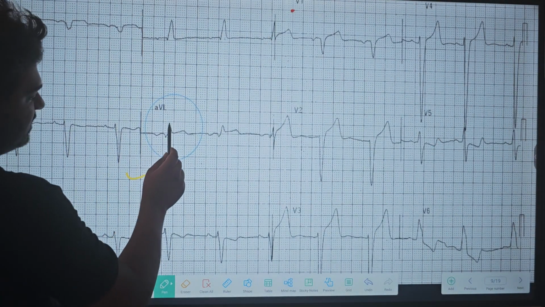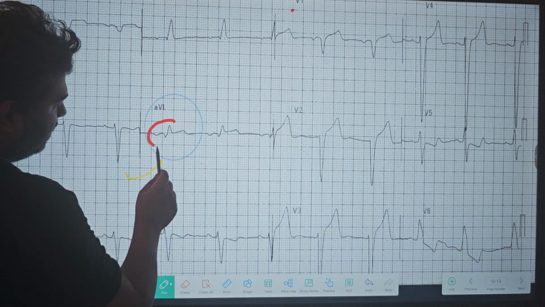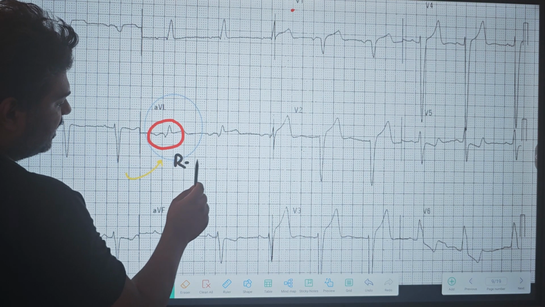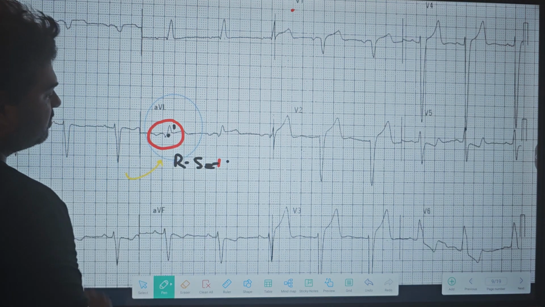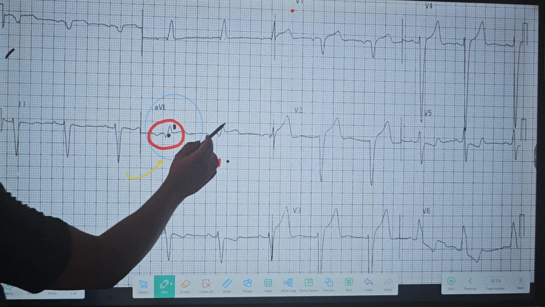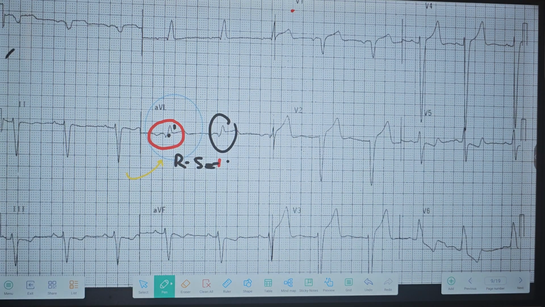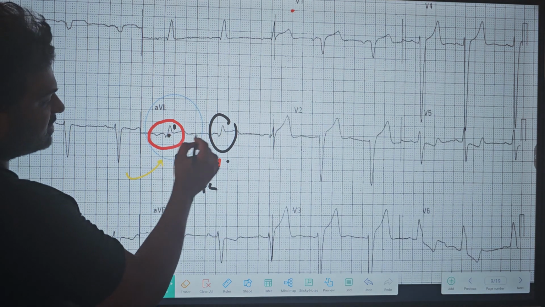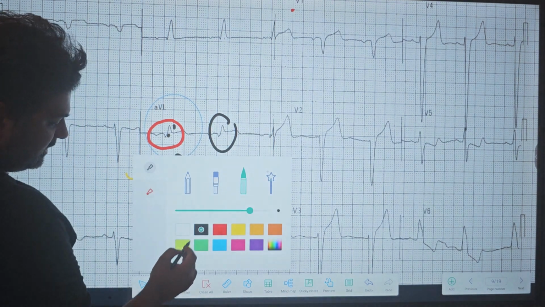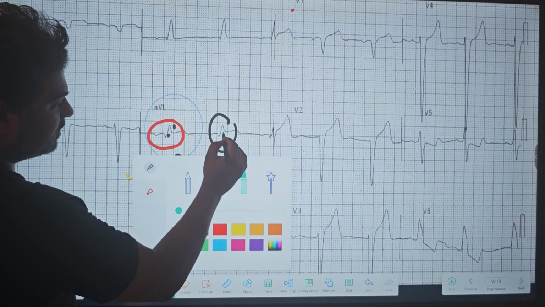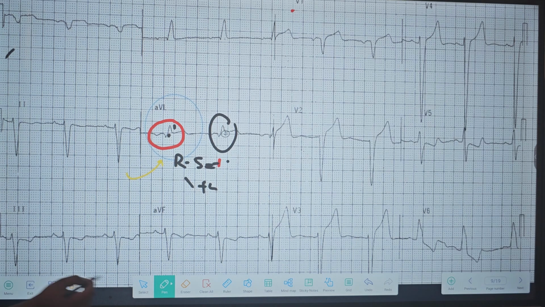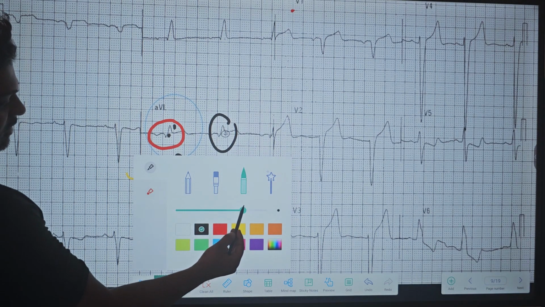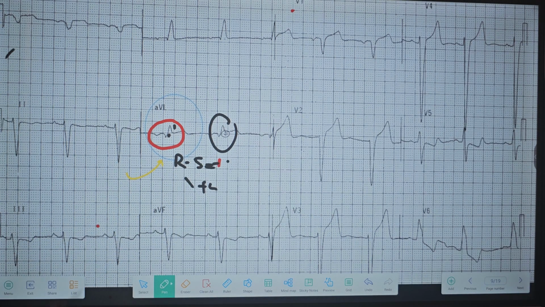If you see this ECG, this part here, R minus S is positive because this is R and this small one is S. So R is greater than S. So there is a net positive QRS. R minus S is positive, and there is ST elevation. This is the ST elevation, this part.